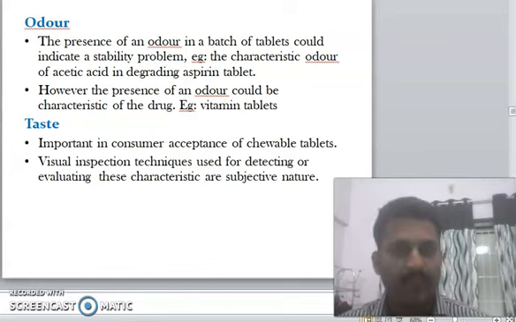Taste is another important factor in consumer acceptance, mainly in the case of chewable tablets. From subject to subject, the perception of odor, taste, etc. may change.